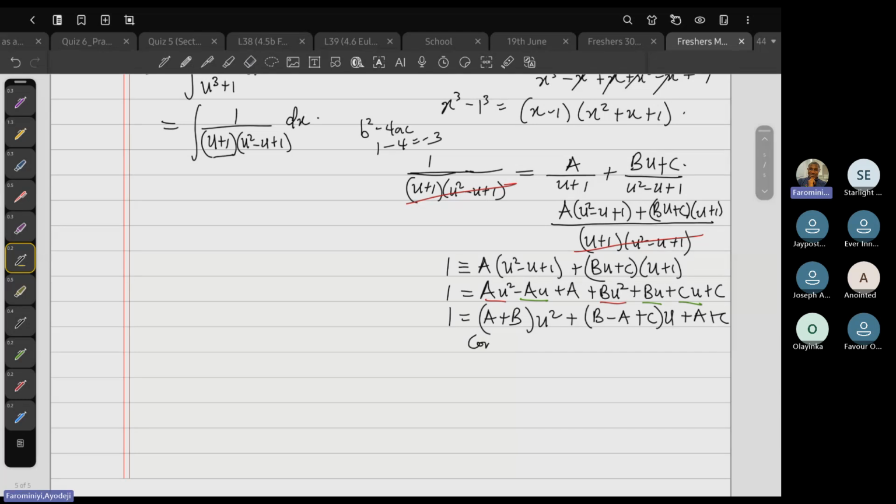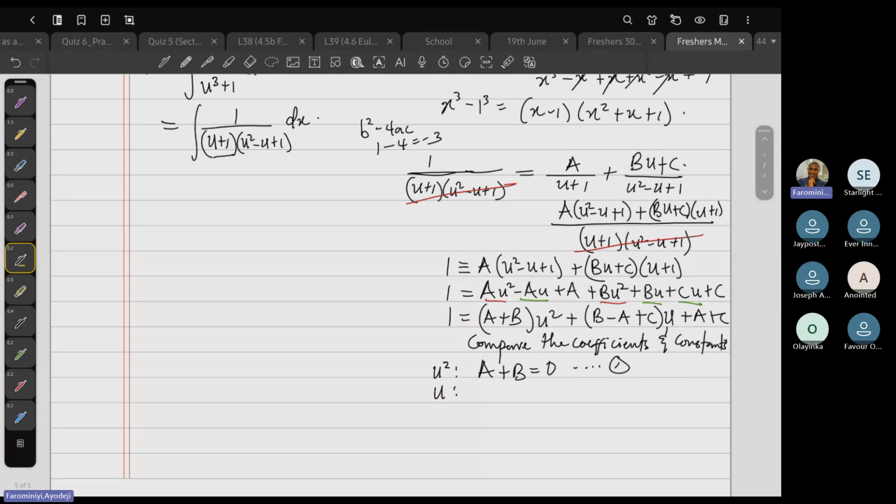Now we can compare both sides. Since these two sides are equal, compare the coefficients and the constants. Comparing the coefficient of u squared, on the left the coefficient is 0. On the right, it is A plus B. So we have A plus B is 0, equation 1.